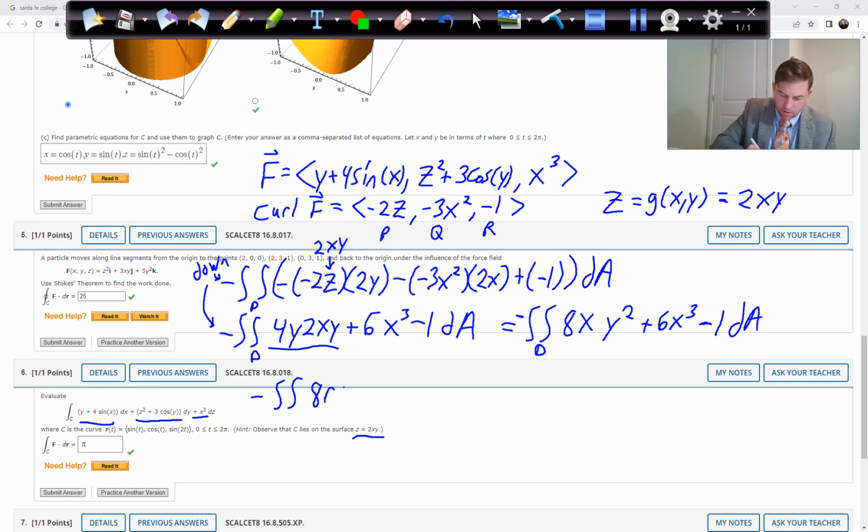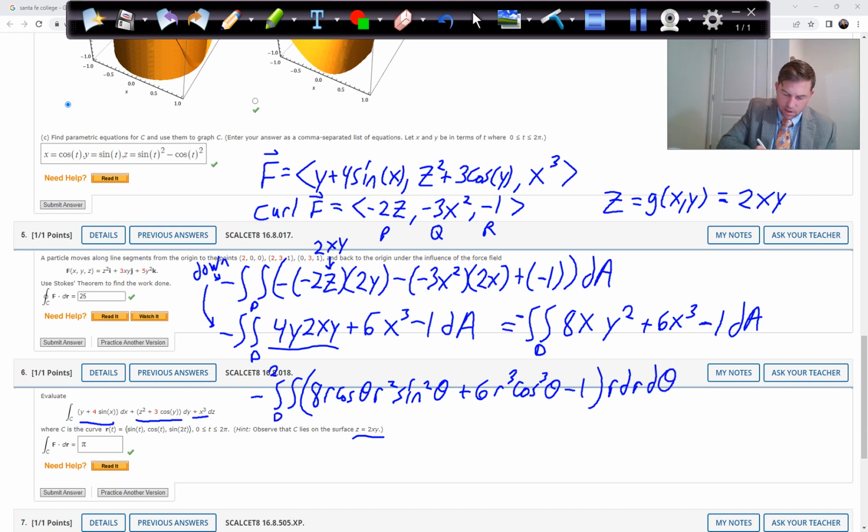So we get r cosine theta times r squared sine squared theta for y squared, plus 6r cubed cosine cubed theta, minus 1, and then we have times r dr d theta, and this is going to go from 0 to 2 pi, and the r we do know is bound from 0 to radius of 1.